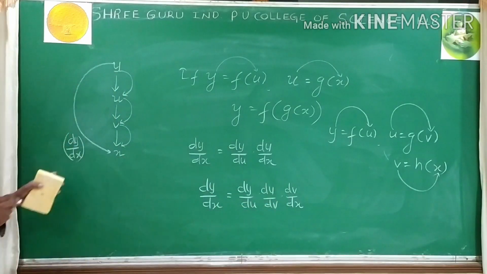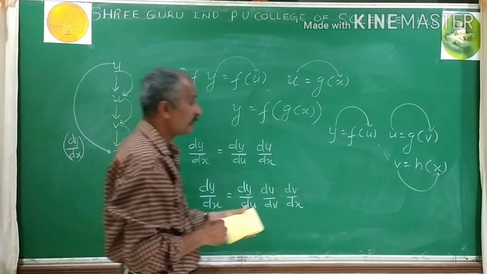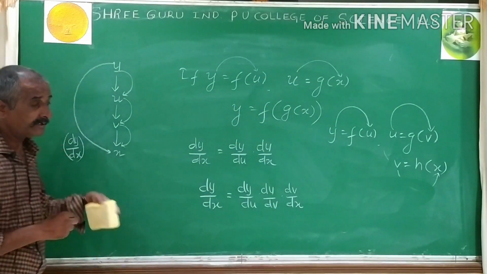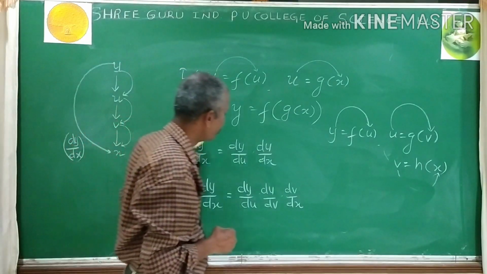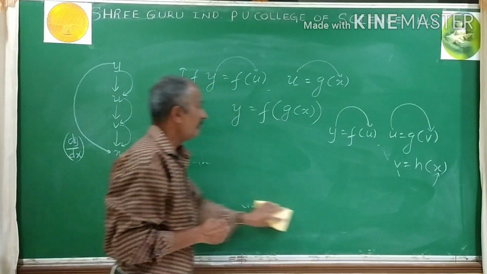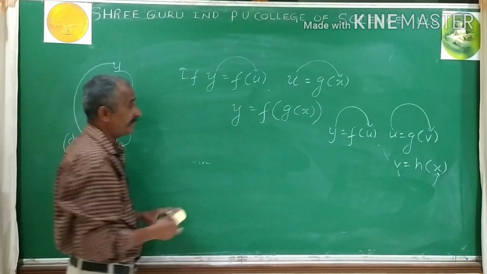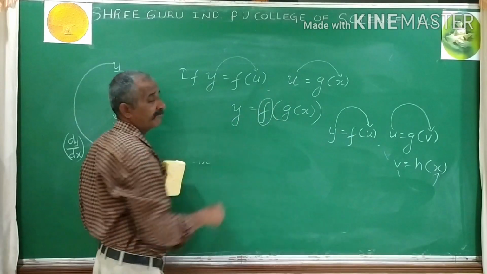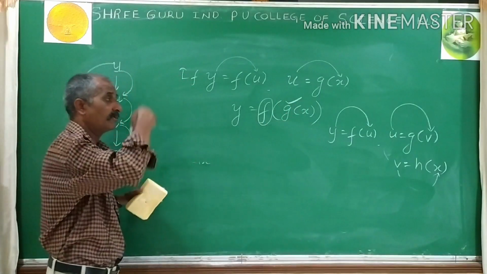This is one way of studying composite function differentiation, but this will not be easy for students' minds. We have another very good way of studying differentiation of composite functions, that is like this. When you want to calculate composite function differentiation, first you calculate the derivative of the first function, followed by the next function, and so on.